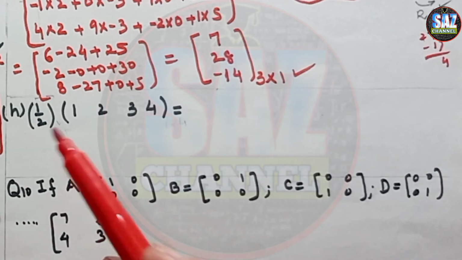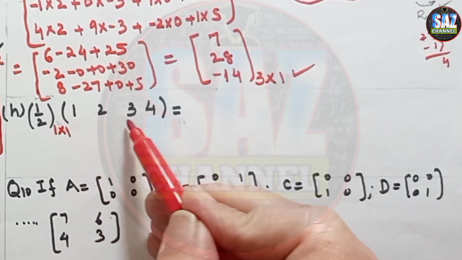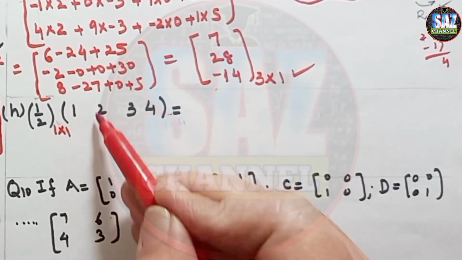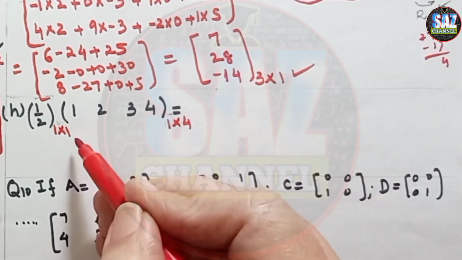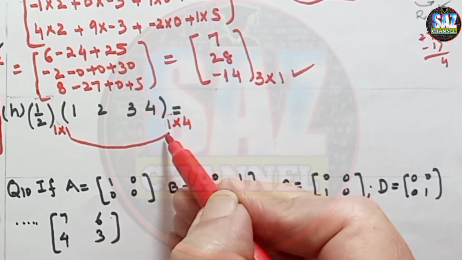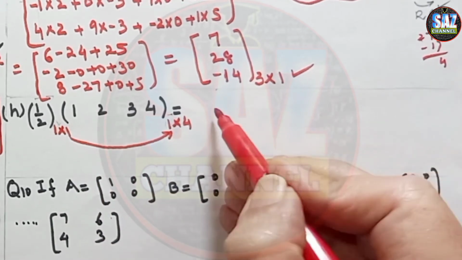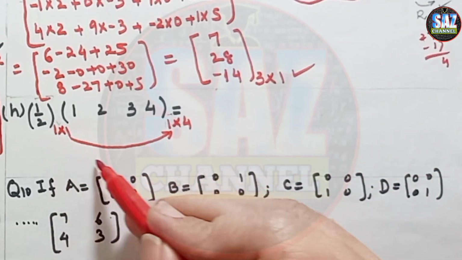Now see, this is a 1 by 1 matrix, and this is a 1 by 4 matrix, 1 row and 1, 2, 3 and 4. Columns of the first are equal to the rows of the second, so we can multiply them and the resultant matrix will have the order 1 by 4.